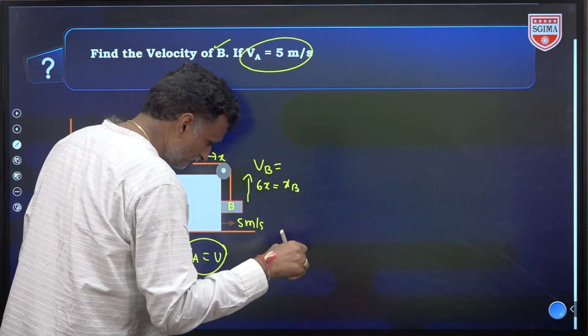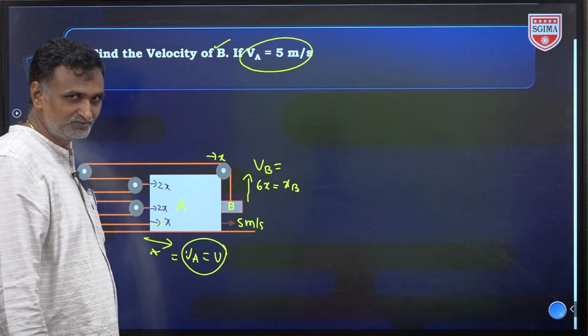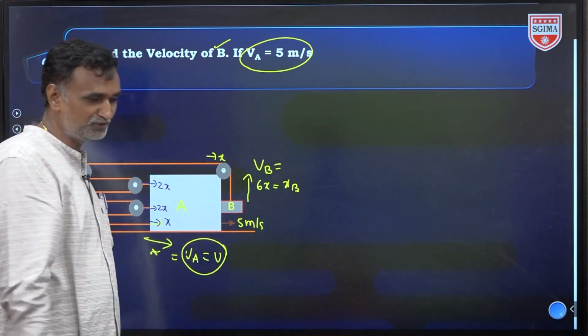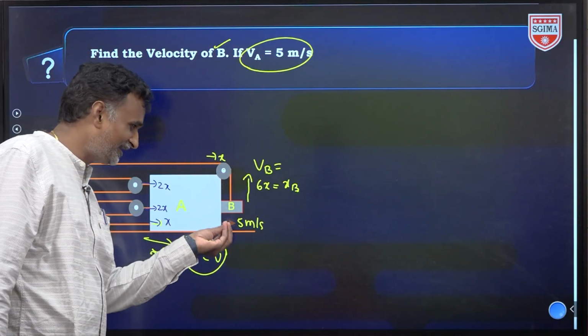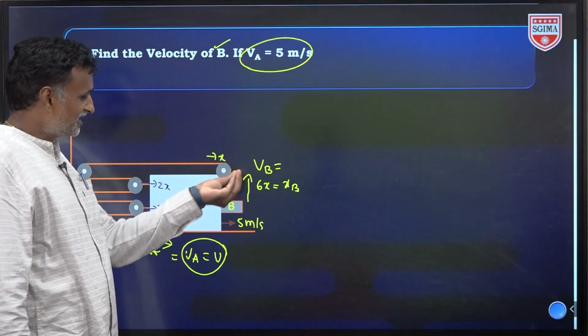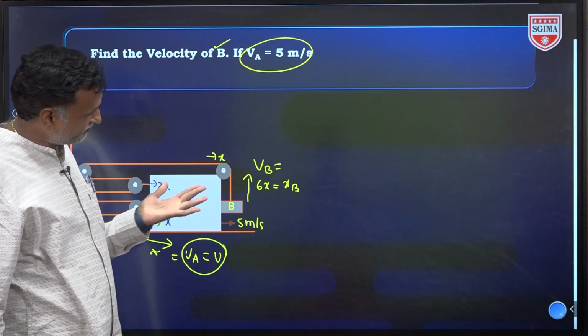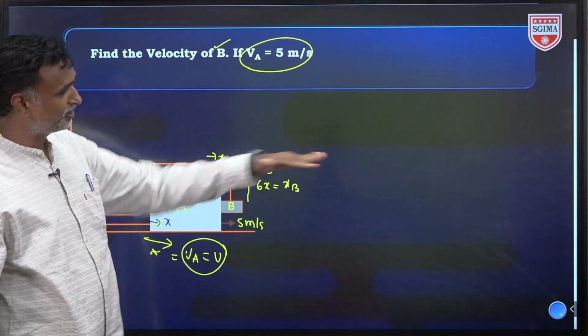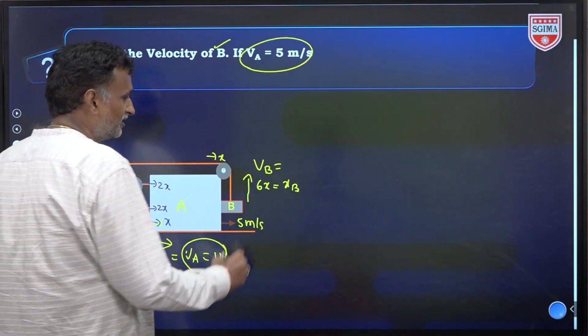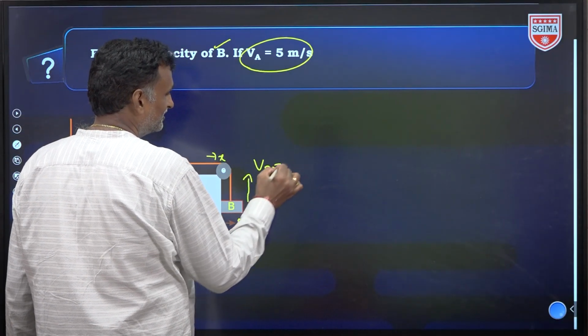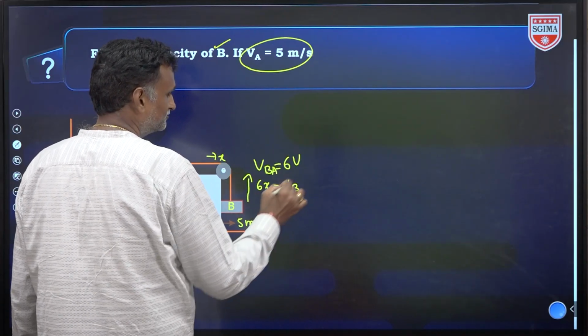VB with respect to A, okay, it is not with respect to ground. VB with respect to A only we are finding because it rises. As one sees from the ground, it will move in this direction, not upward, not forward. Okay, we are finding upward. So better you write here VBA is 6 times VA.